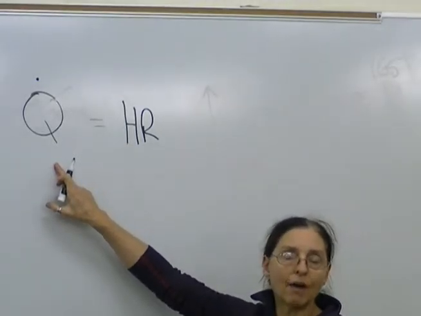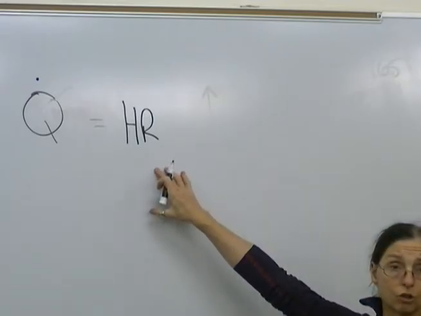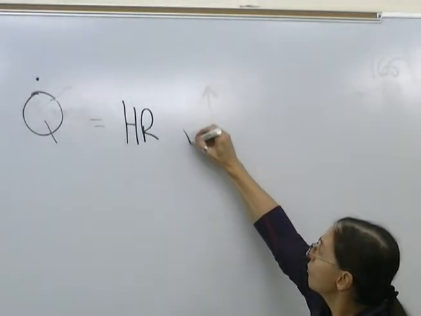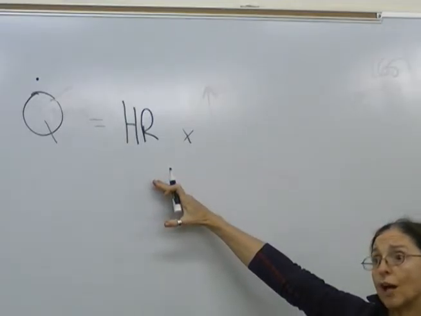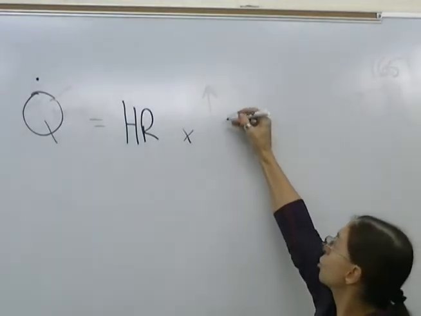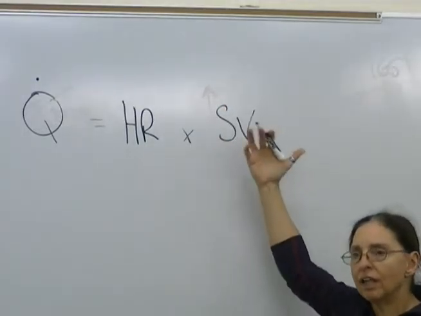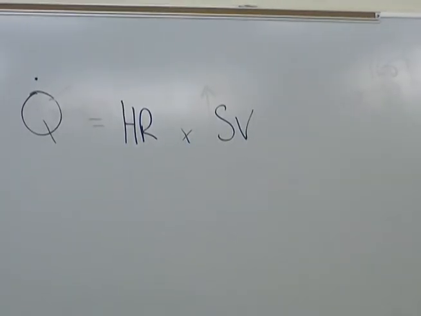So if I'm going to work out how much blood comes out per minute, I would have to know how many times the heart contracted per minute, and how much blood comes out every time the heart contracts, which is called stroke volume, which far more conveniently is shortened to SV. So Q is the product of heart rate and stroke volume.